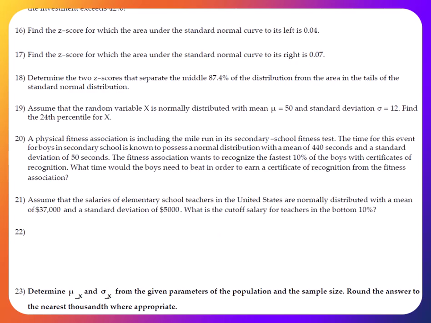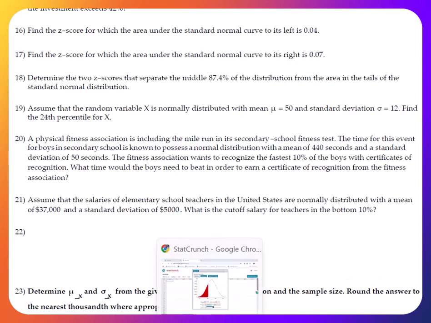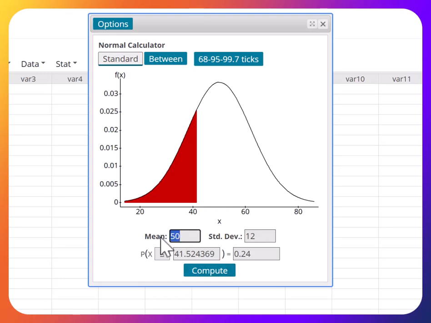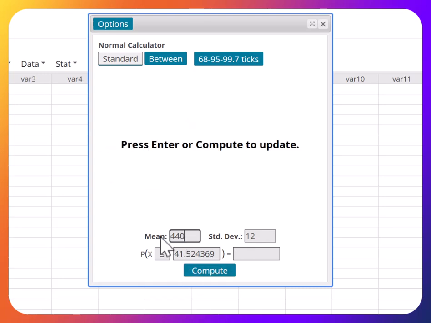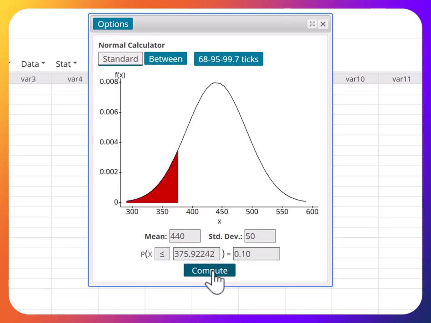And here's how we deal with it in StatCrunch to find the x value. Put the mean, which is 440, put the standard deviation, which is 50, and do less than here, and come here and put the 0.10, the 10%. Compute.